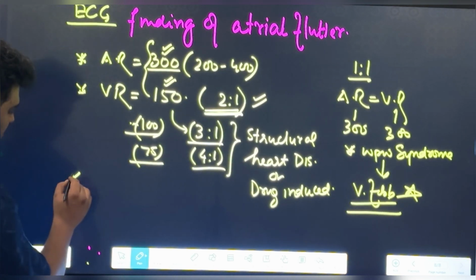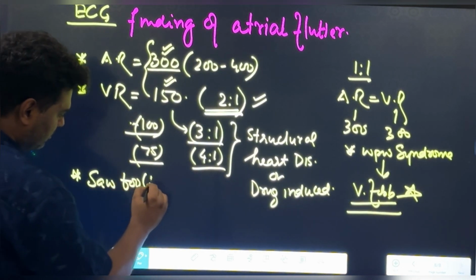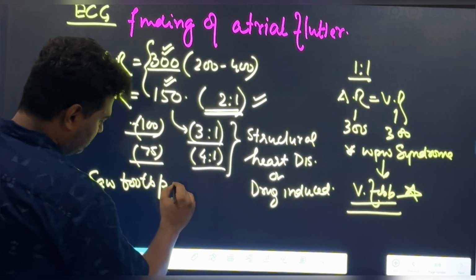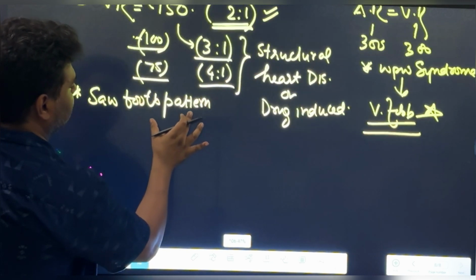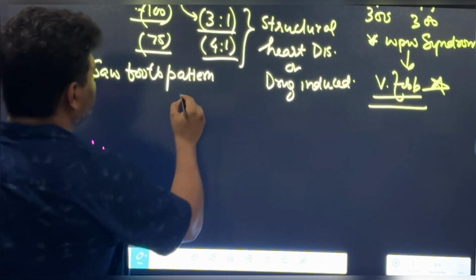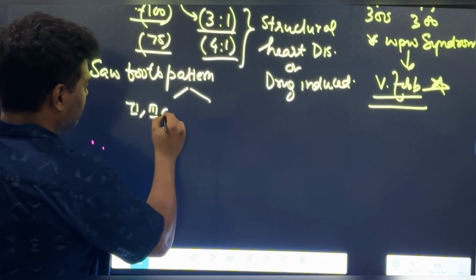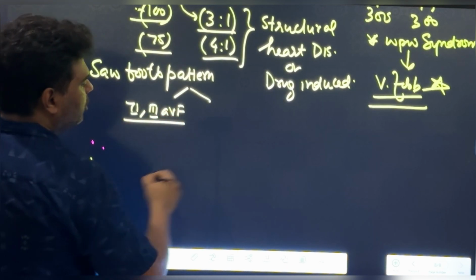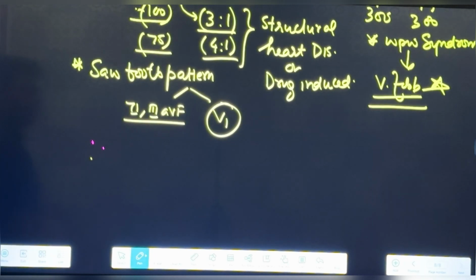Third thing is the sawtooth pattern. The sawtooth pattern you see either in the inferior leads 2, 3, aVF, or in lead V1. If you see this, you should also think of atrial flutter.